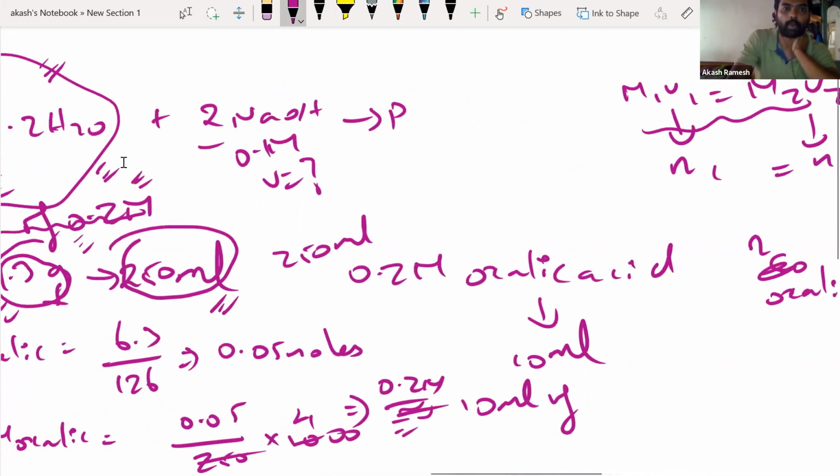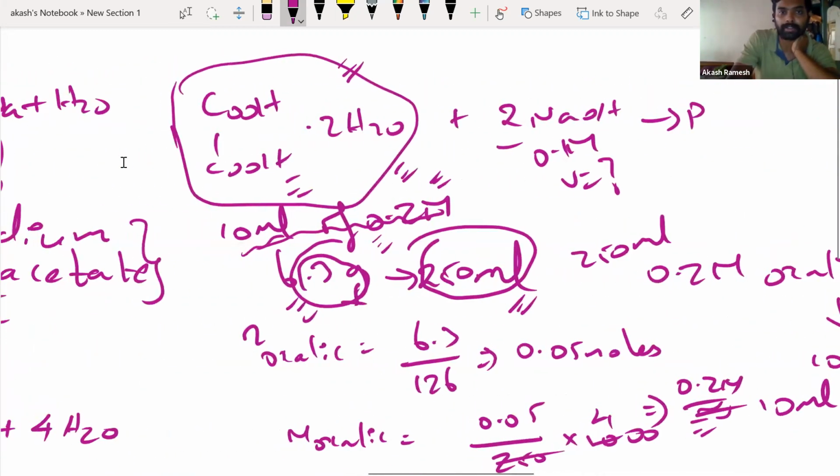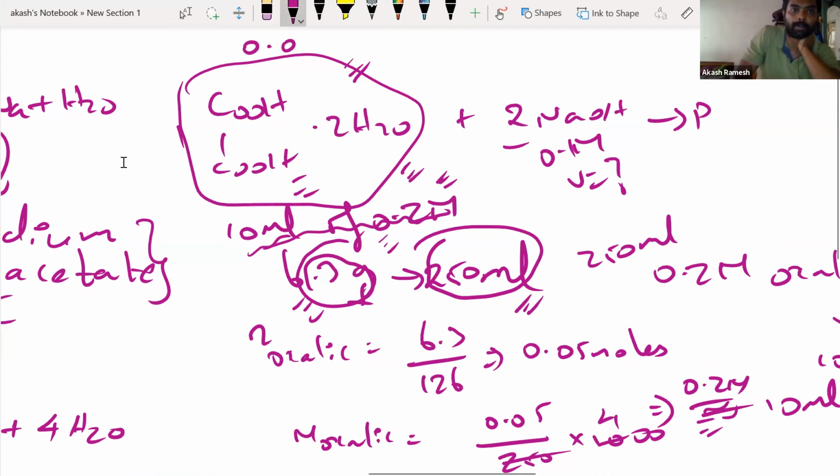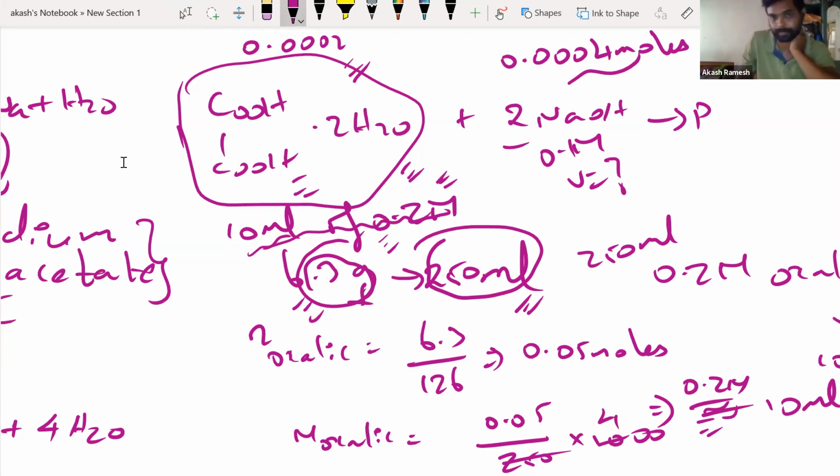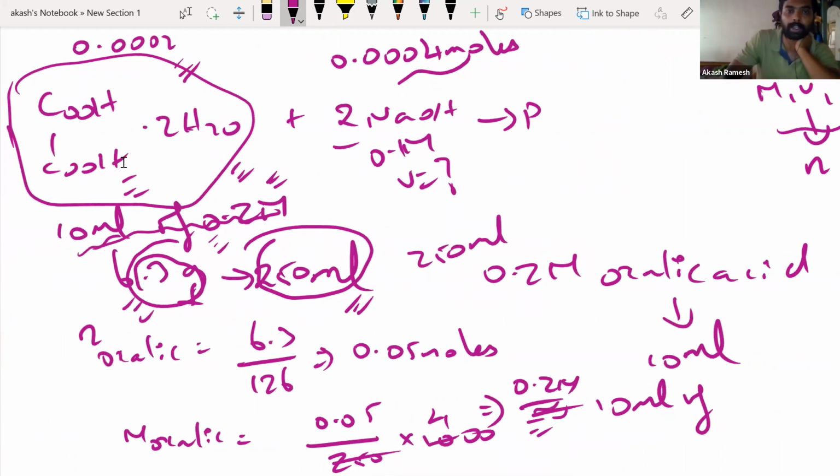Okay. Now you can easily calculate, for 1 mole of this, I require 2 moles of this. Now what I have here is 0.0002 moles, and here I should be having double of that. So it is going to be 0.0004 moles of NaOH. No issues, right? Now you can easily calculate the volume because I know the molarity 0.1 M and I know the number of moles also. So molarity is equal to number of moles by volume.